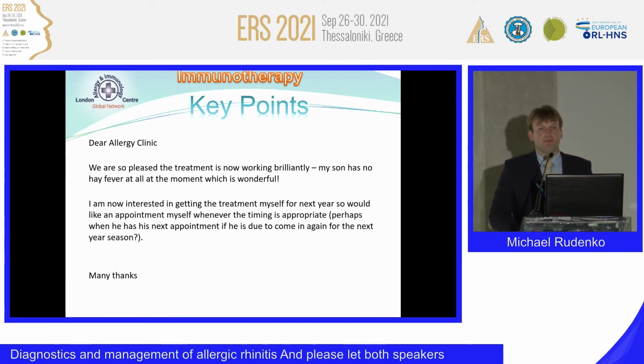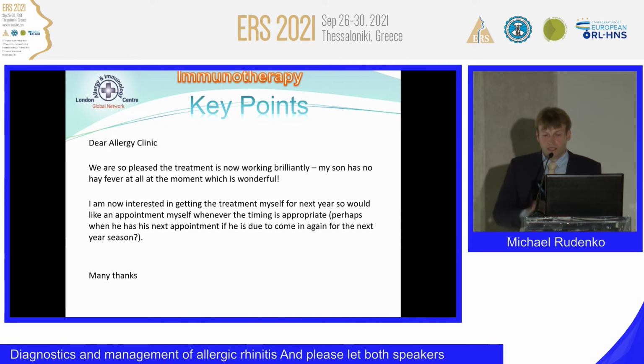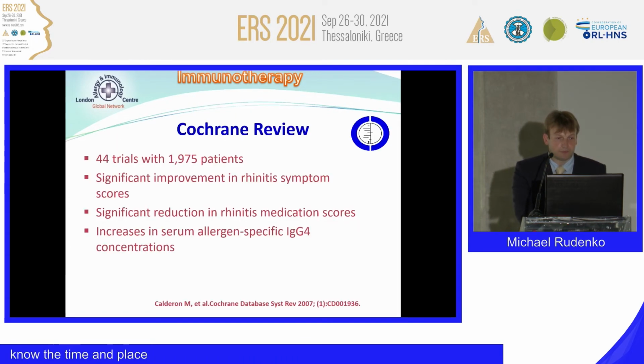So if there is a big range of things, it's usually more difficult to manage. Possible, but more difficult. So that's the letter that we got from one of our patients who had her son treated, and she asked for the treatment for herself as well for the next season.